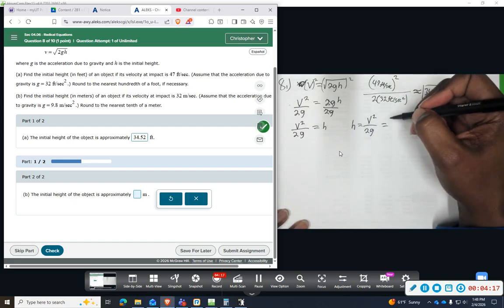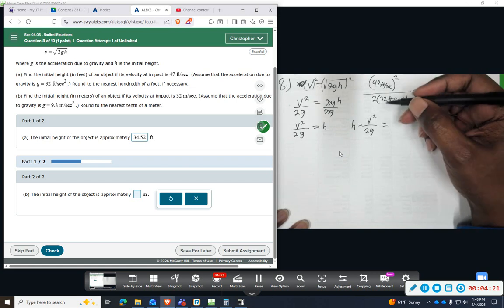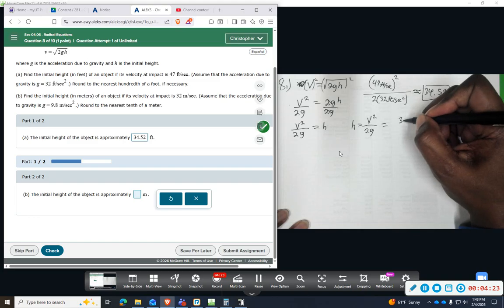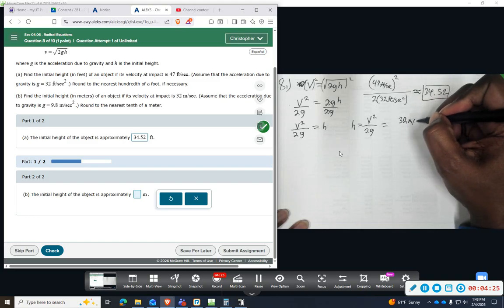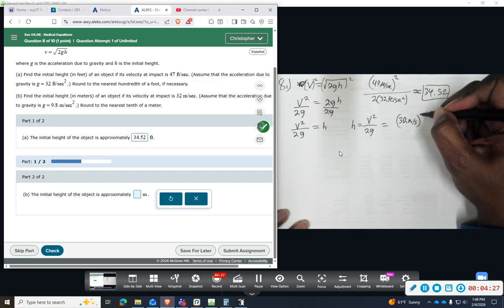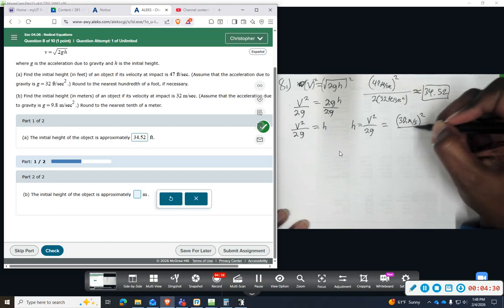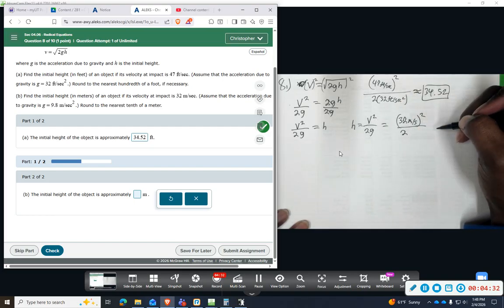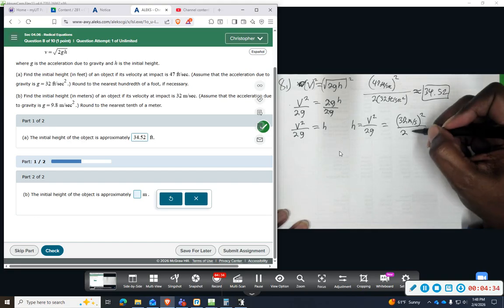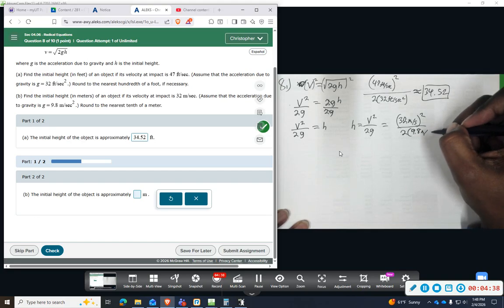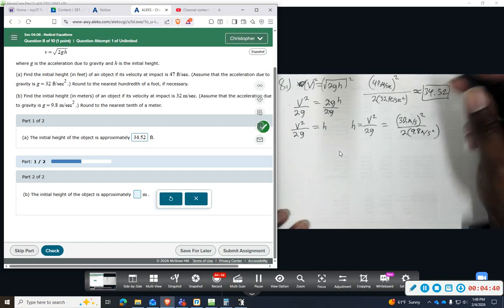This time the velocity is in meters per second, so we're looking at 32 meters per second. That's going to get squared. Velocity is squared, 2g. Gravity is 9.8 meters per second squared. Okay, same thing.